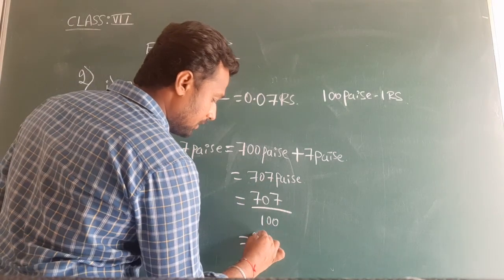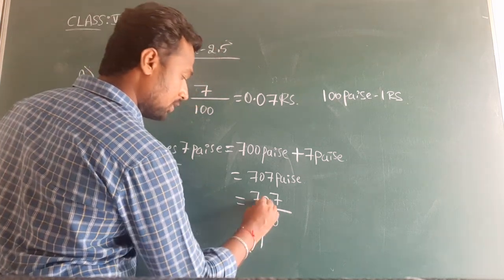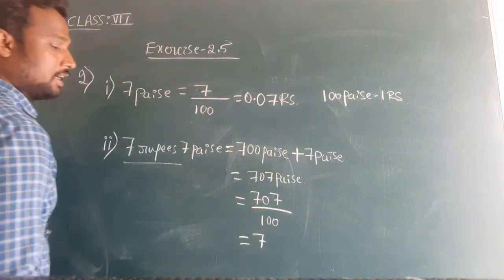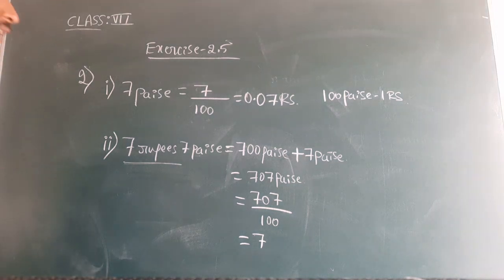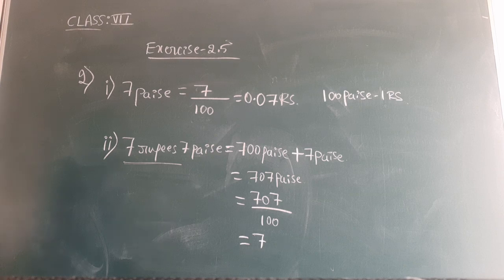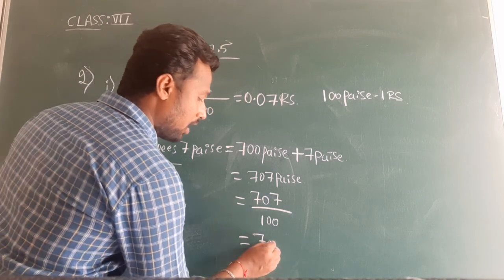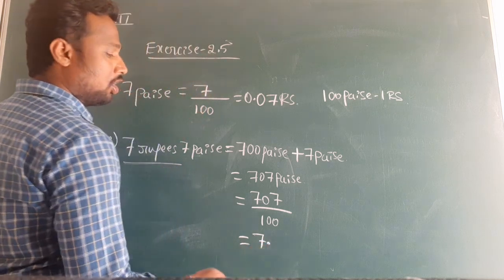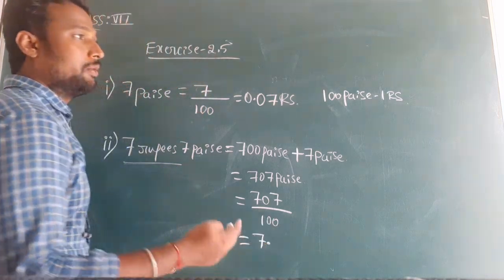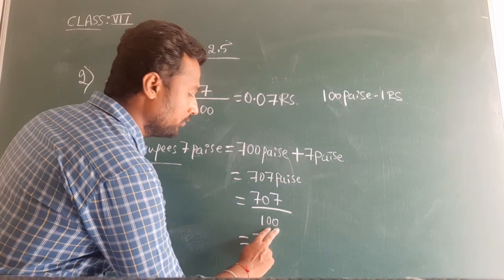So 707 by 100, what will you get here? I will write the 7 as it is. In 100, how many zeros do you have? 2 zeros. So first write this 7 as it is. After the decimal point, how many digits should you write? 2 digits, because in 100 we have 2 zeros.